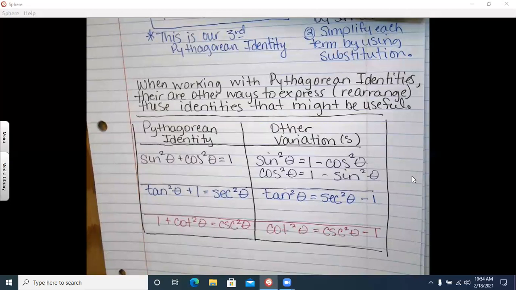Cosine, sine, I could use it to find tangent, and really cosecant, secant, cotangent, because I know sine and cosine, I can find all those others, right? But these others are useful depending on what you know and what you're trying to find. So all we have to do is be able to derive these other Pythagorean identities, but really be able to use that first one. That's the one you're going to see most often.